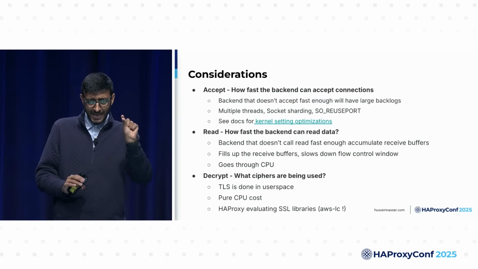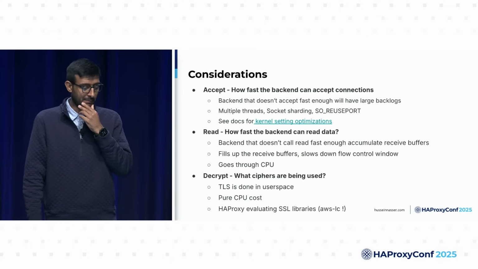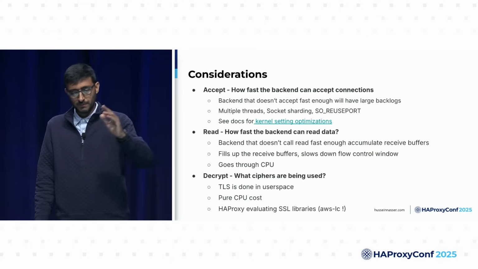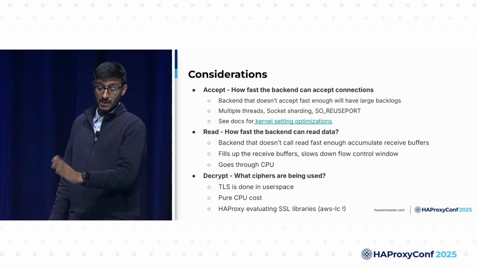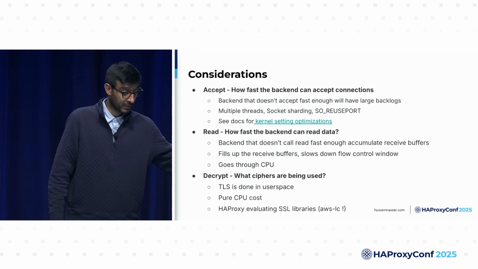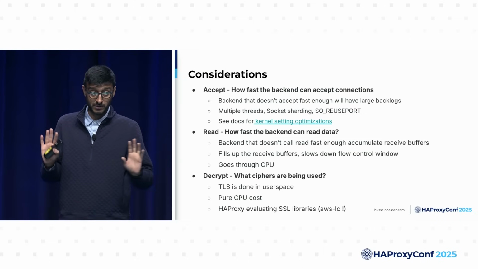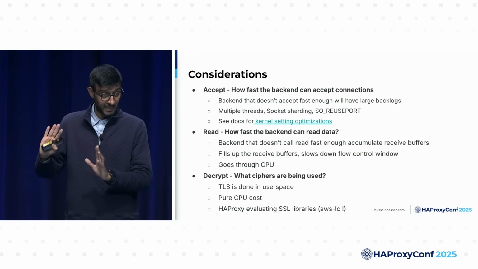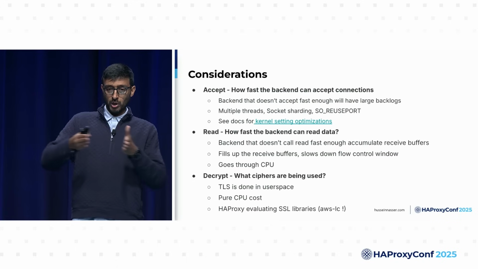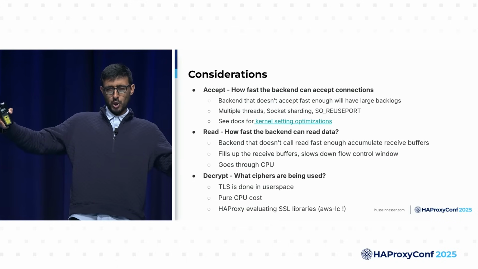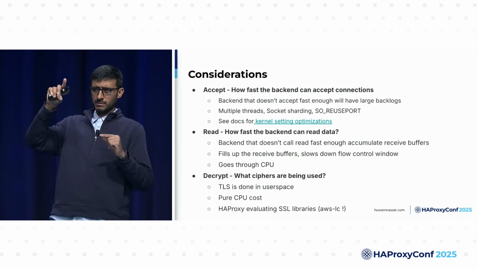But then the kernel will add the connection parameters, the source IP and the source port, in what they call the accept queue, and another connection will come, will be added there. It's not a connection yet. It's just ready to be accepted by the backend, right? And you can control how large the accept queue is by specifying the listen parameter.